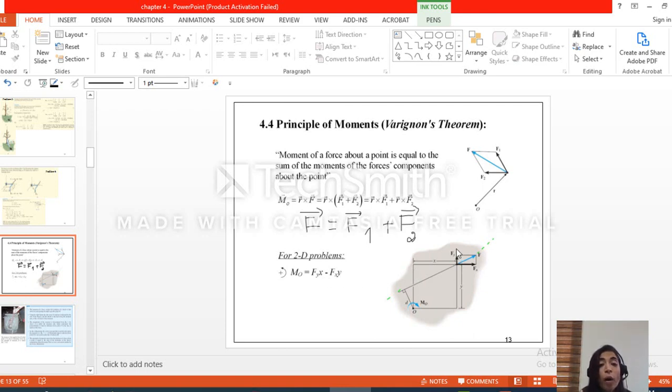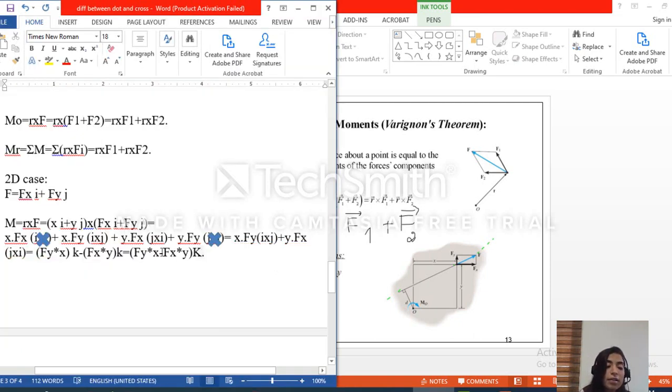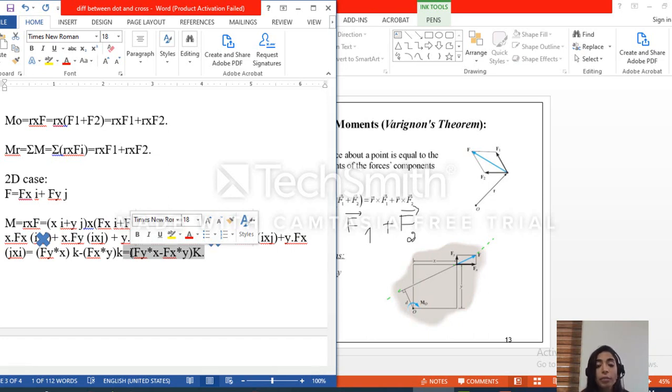What about Fy? Fy is doing a positive direction, and the perpendicular distance from Fy to O is x, which means the result of the moment is Fy x minus Fx y, which is the same as this answer in the positive k.